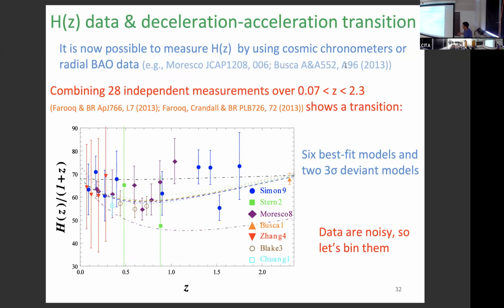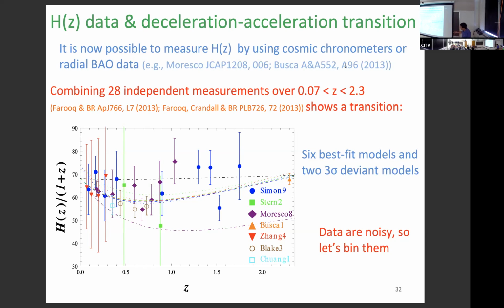So we have pretty good Hubble parameter data that reaches out to a redshift of about 2.3. And I plotted them over here, and what I plotted is H(z) divided by 1 plus z. And you have all these data points here. There's about, I think, 28 that are independent on this plot, and there's a little bit more now.